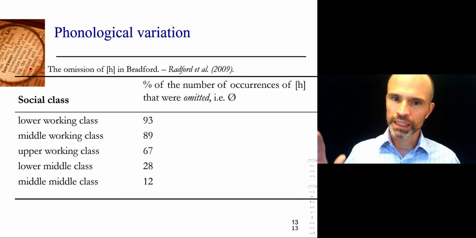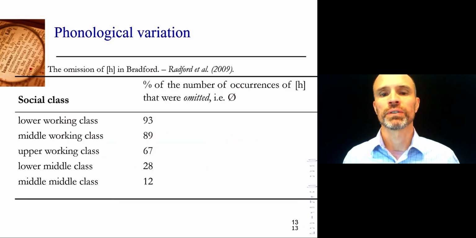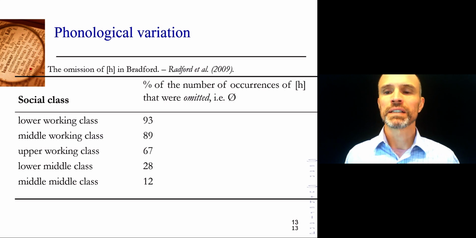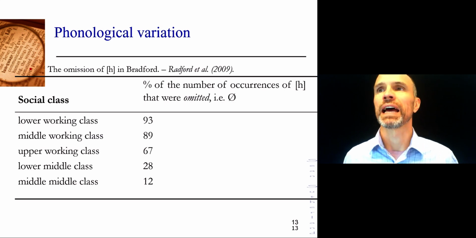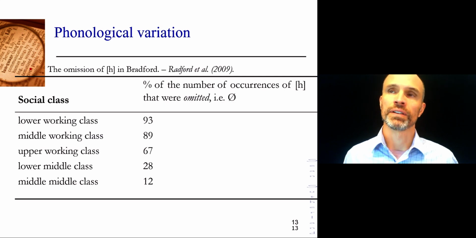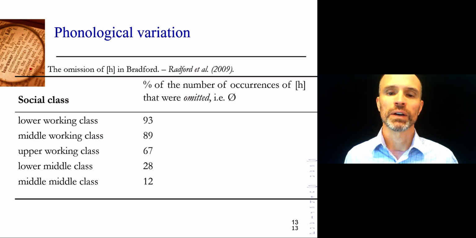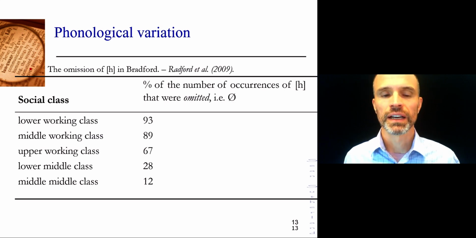What we're seeing here is that in Bradford, it was found to do almost entirely with class. You're looking at the percentage of people that omitted that H in the pronunciation. In other words, lower working class people, 93% of the time, omitted the H. So they would say amma and aus and is ed, and at the other end, middle class people would say hammer and house and his head.